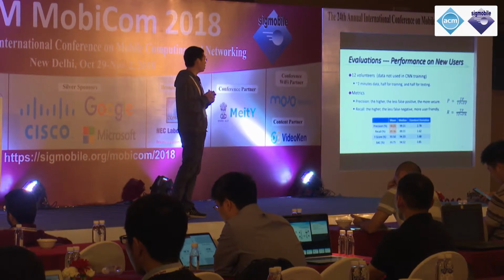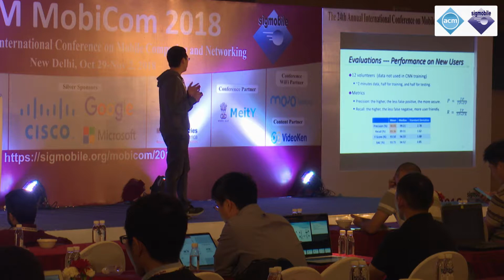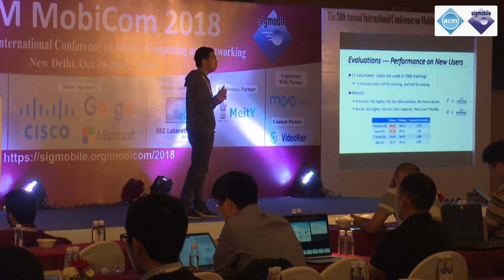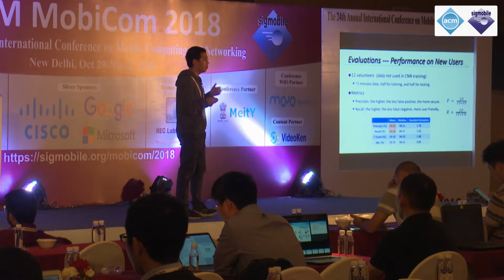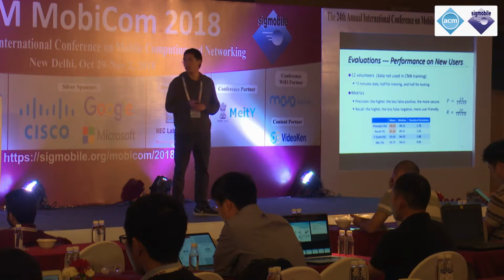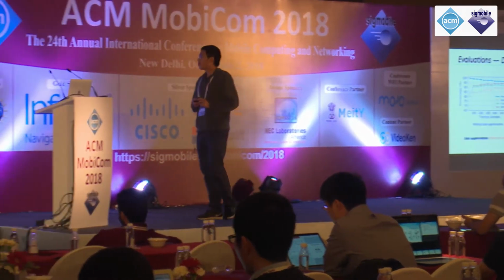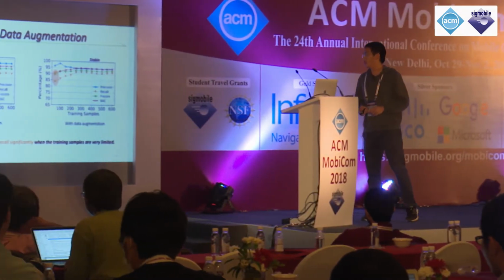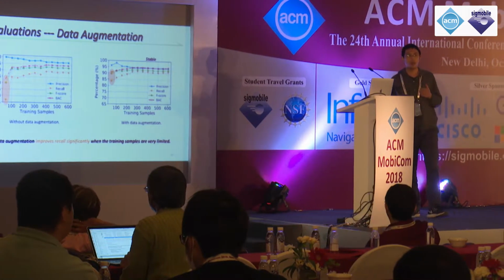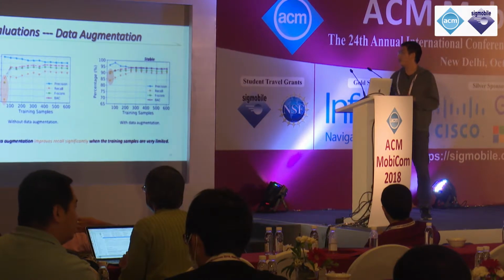We have 12 new users, and precision is above 98%, which means it's highly secure. We only have very few false positives. And the recall is around 90%, which is reasonable. And this figure shows our data augmentation can improve the recall significantly when the training samples are extremely limited.